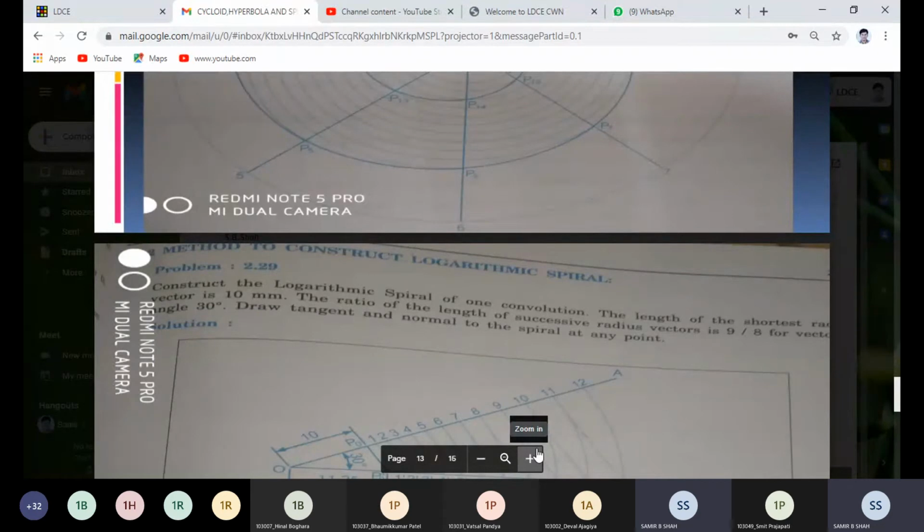Construct the logarithmic spiral of one convolution. The length of the shortest radius vector is 10 mm. The ratio of the length of successive radius vectors is 9/8 for vectorial angle 30 degree. Draw tangent and normal to the spiral at any point.